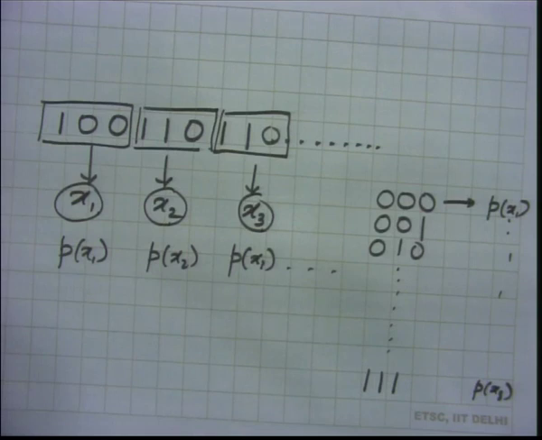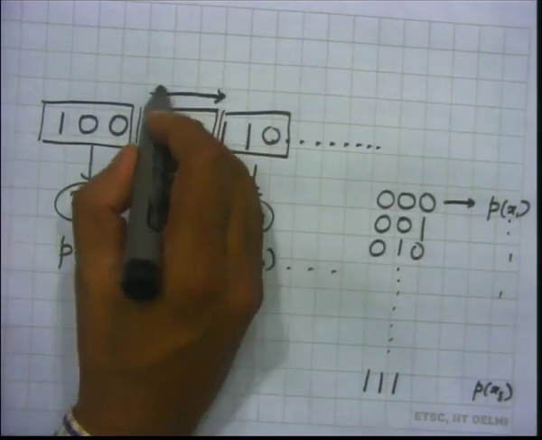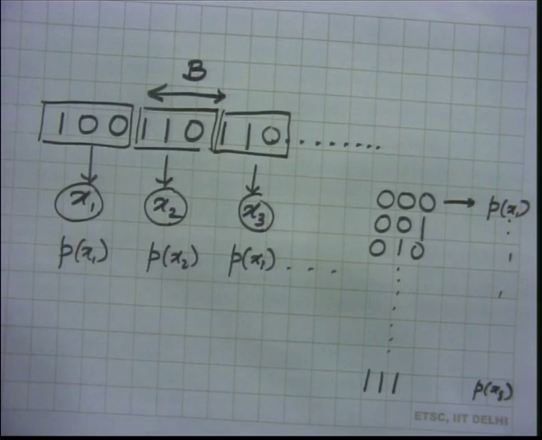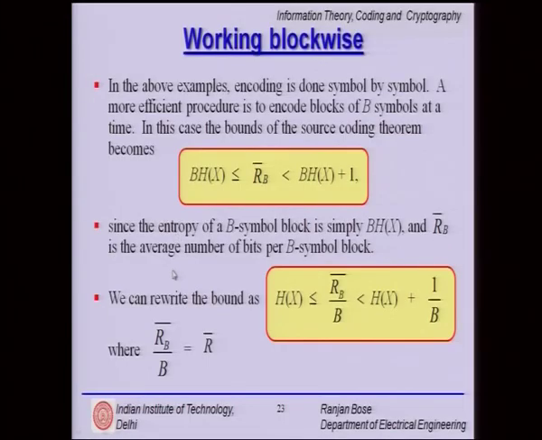Let us look at the equivalent source coding realization for that. So, instead of H(X), we now have B H(X), and R_B is the average number of bits per block. Okay. This happens to be my B. So, R_B bar is the average number of bits per B symbol block.